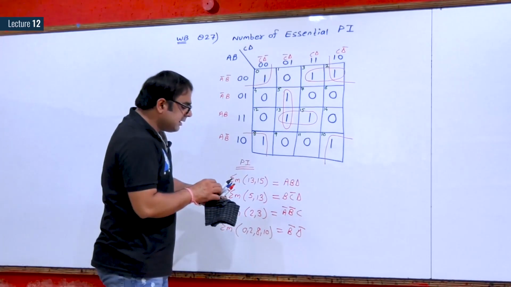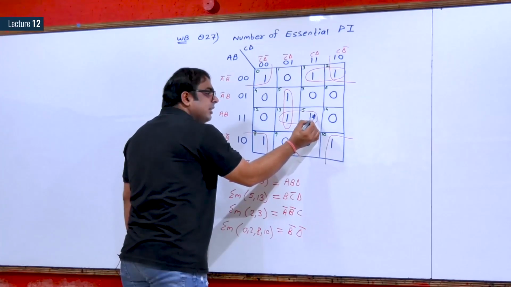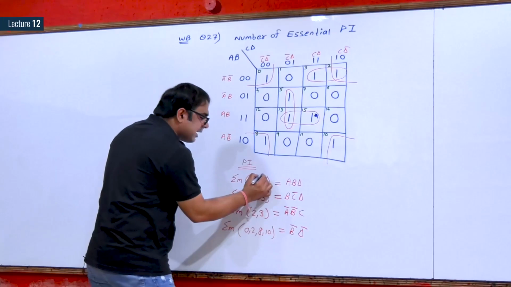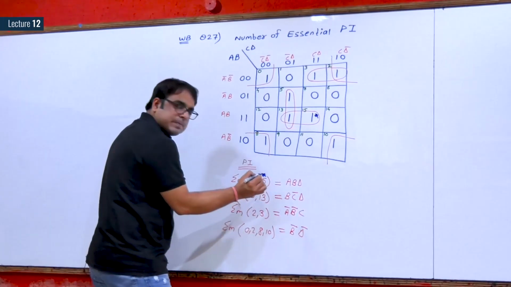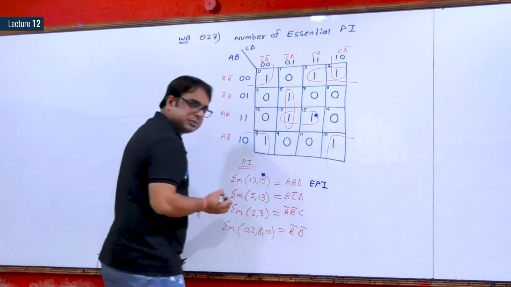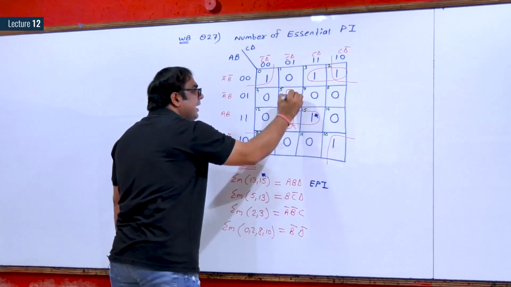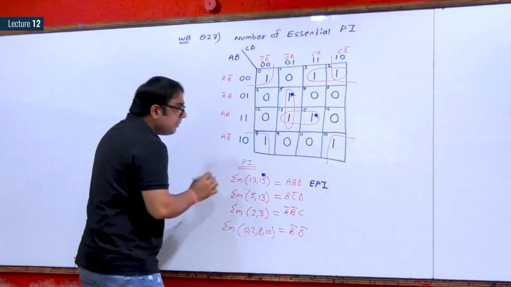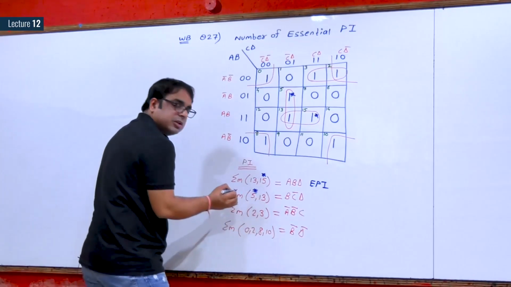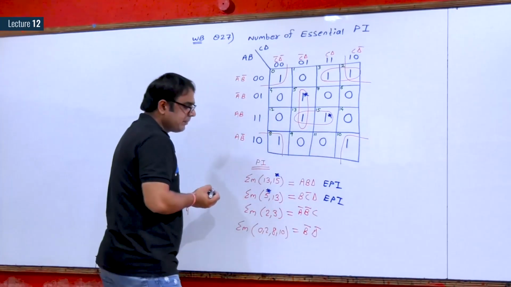Now listen here carefully. This 15 has only one option. You can see 15 is appearing only once, so this is an essential prime implicant. Now see this one. Minterm number 5 has only one option. You can see 5 is appearing only at one position, so this is an essential prime implicant.